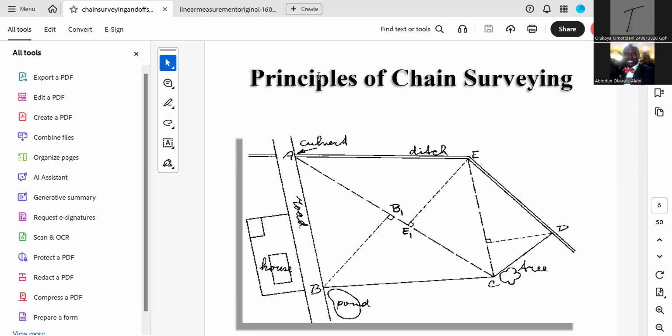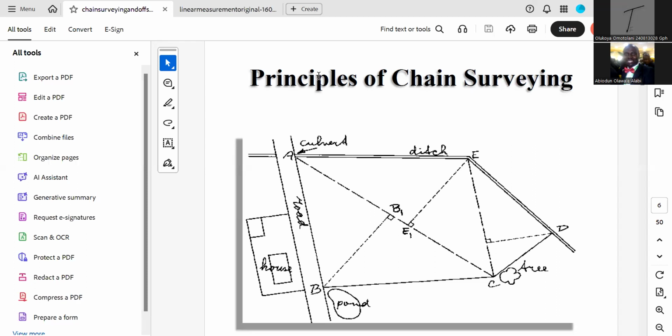So to continue, for instance, now I want to measure 500 meters. Line A to B now is 500 meters, and the area is relatively flat.